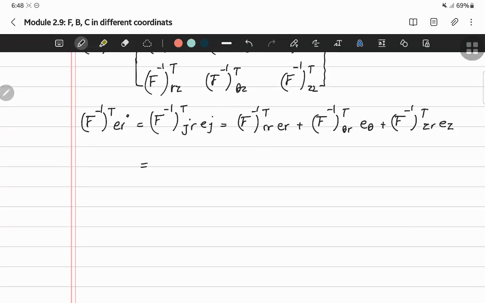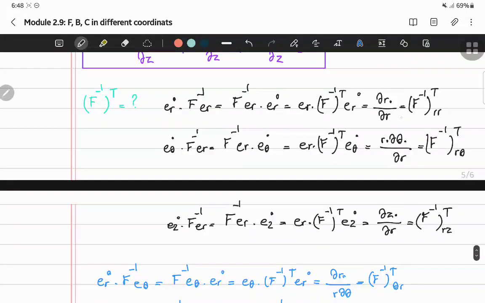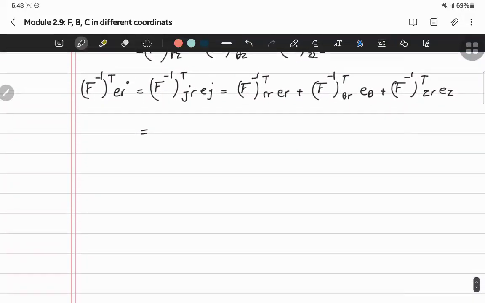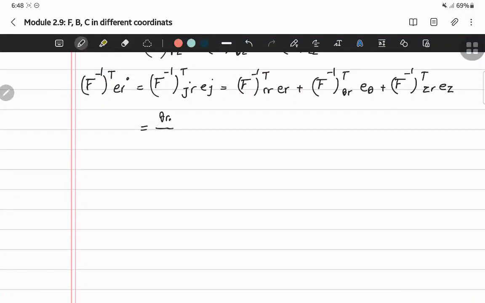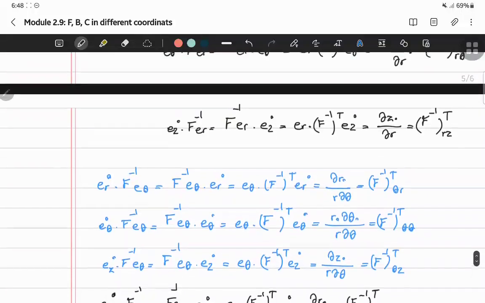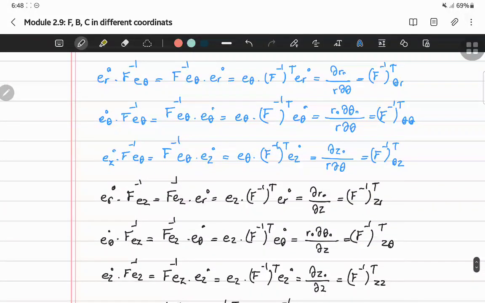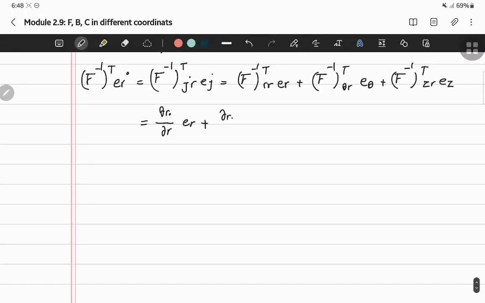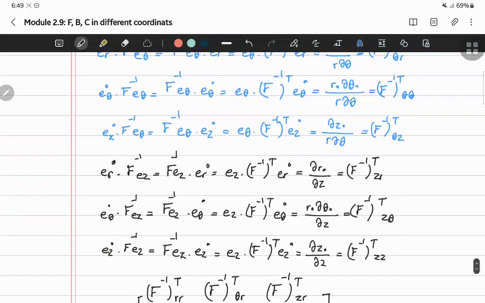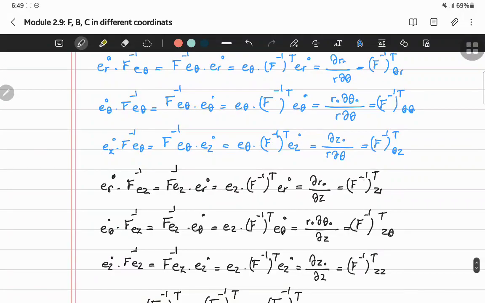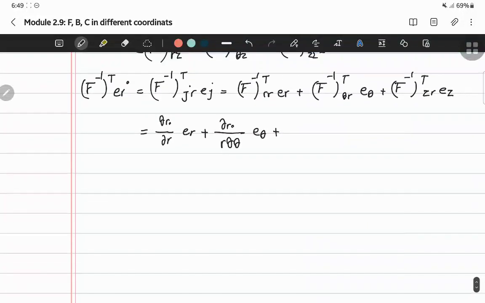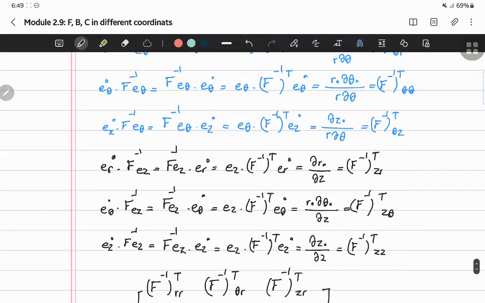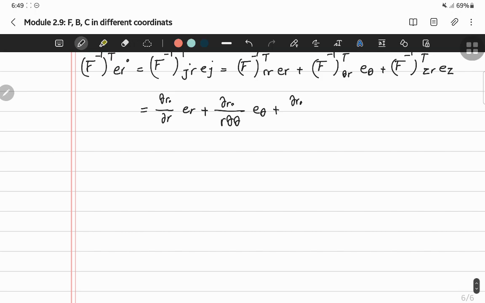So F inverse transpose RR is this one, the partial derivative of R0 with respect to R, ER, plus F inverse transpose theta R, which is this one, the partial derivative of R0 with respect to theta, plus F inverse transpose ZR, yes, it's this one, the partial derivative of R0 with respect to Z, EZ.